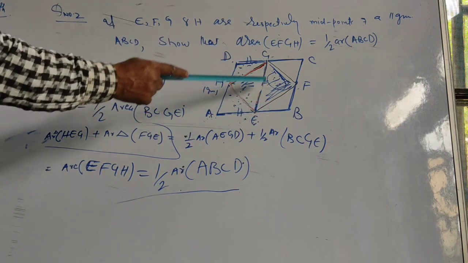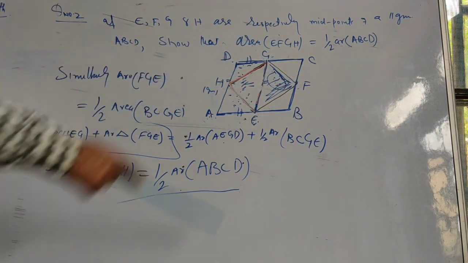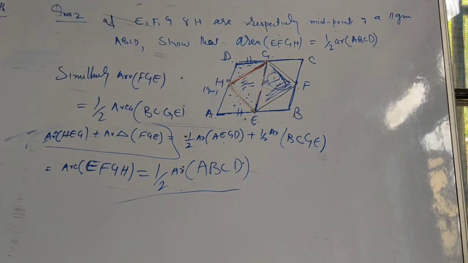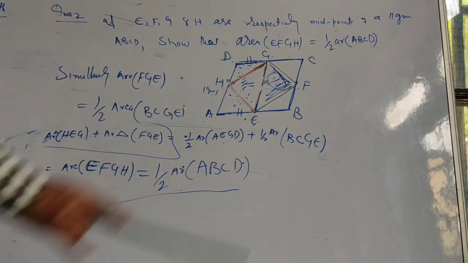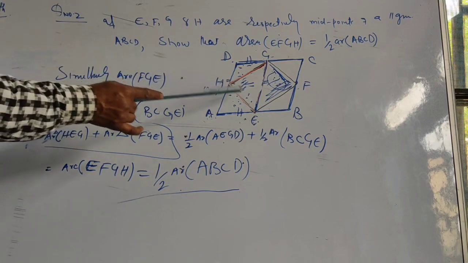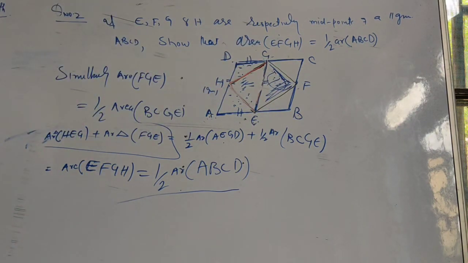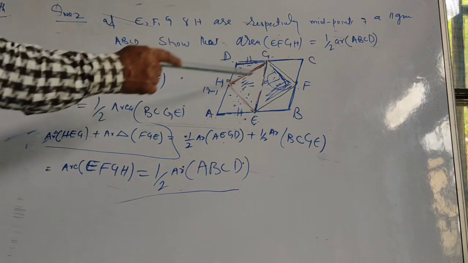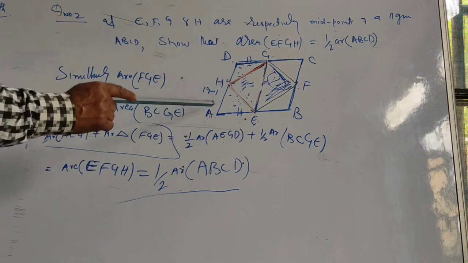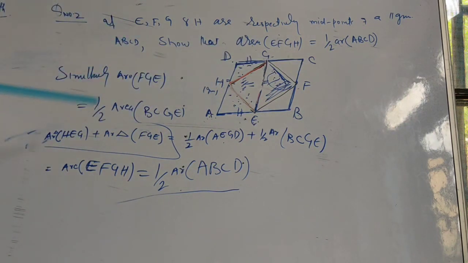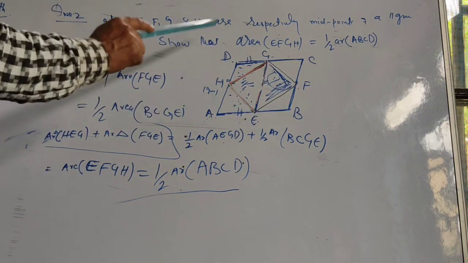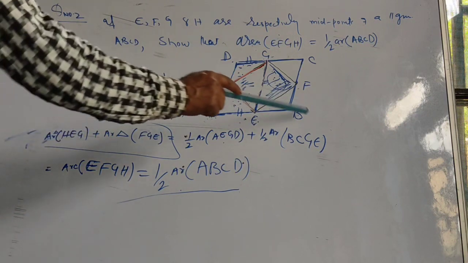Therefore, area triangle EFG is equal to half of area parallelogram EBCG. When we add these, the area of these two triangles make a parallelogram EFGH. One half of this and one half of this, when we add these two halves, we will get parallelogram ABCD. So we have proved this. Area of parallelogram EFGH is equal to one half area of parallelogram ABCD.